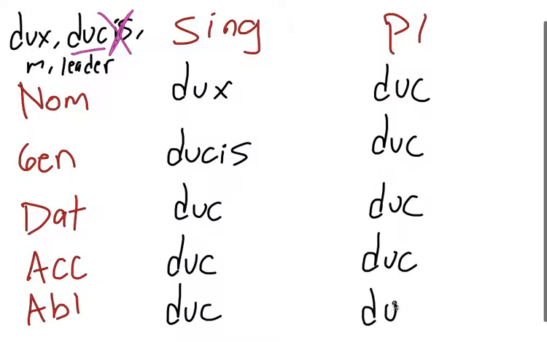Okay, and now I'm going to add endings. I already have nominative and genitive, so my dative is i, so duci. Accusative is em, ducem, and ablative is duce.